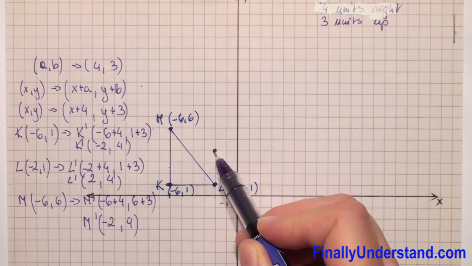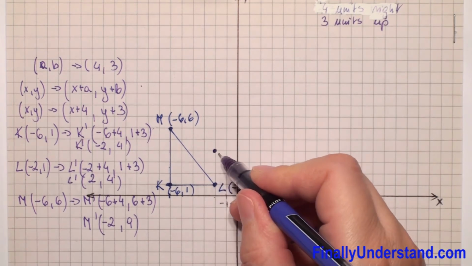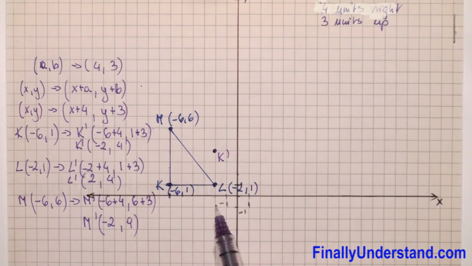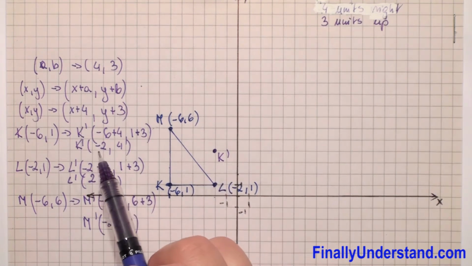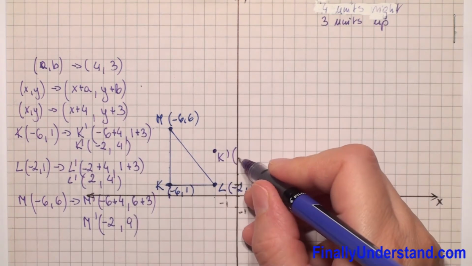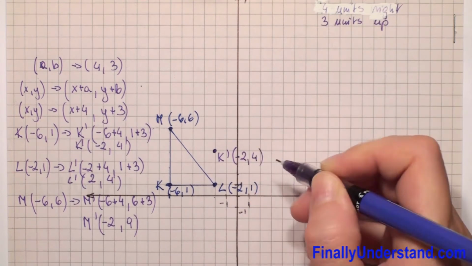Now our point K prime will be here, and K prime has coordinates negative 2, 4. Everything is okay. We got the same from calculation, from algebra, negative 2, 4.